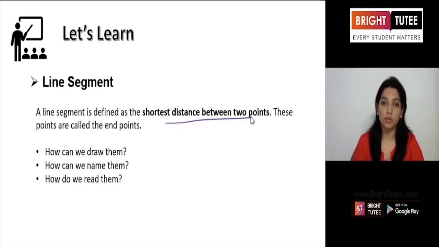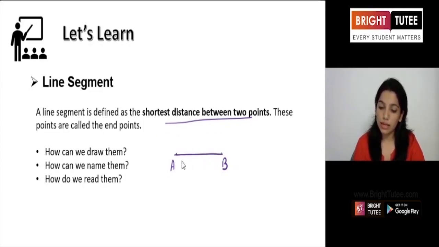Let us try to draw this. Say these are the 2 points. Okay. So let me just name them. This is point A and this is point B. So these are the 2 points that we have drawn. And let us try to draw the shortest distance between them. The shortest distance between point A and point B will be a straight line.